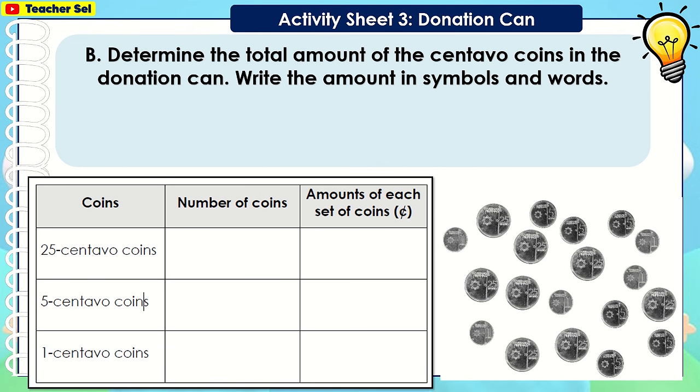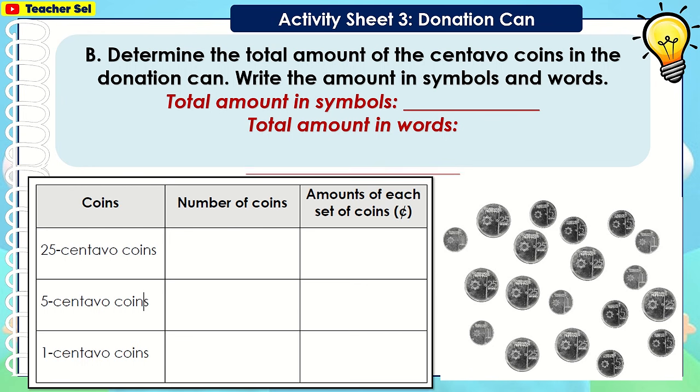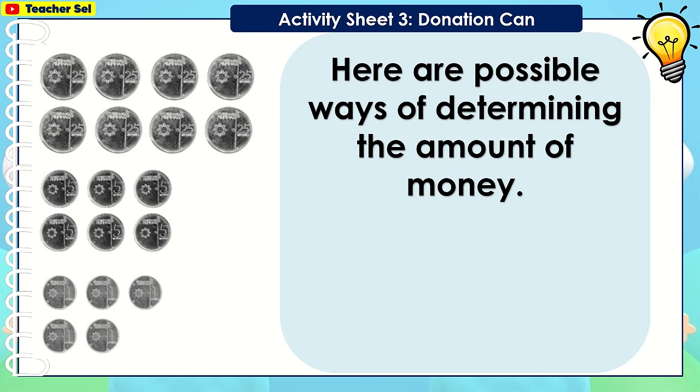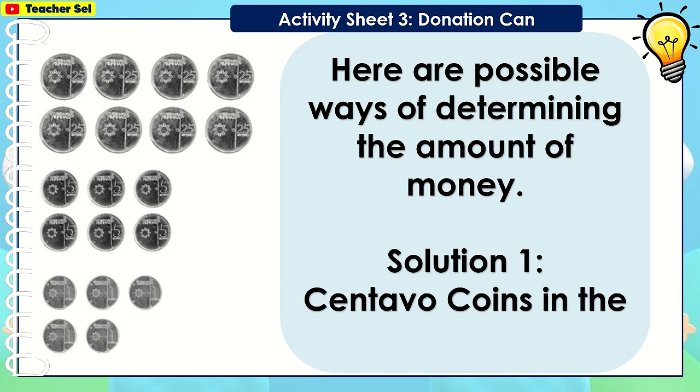Determine the total amount of the centavo coins in the donation can. Write the amount in symbols and in words. Total amount in symbols, total amount in words. Here are possible ways of determining the amount of money. Solution 1.